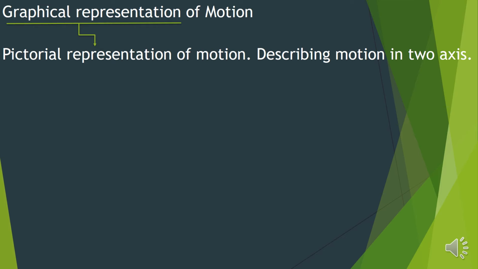For that, we need a minimum of two axes. Taking those two axes, you are all aware of them: x-axis and y-axis. Already in mathematics you have studied this, isn't it? So we are going to describe the motion in terms of the x-axis and y-axis. We are going to represent it in a picture form, pictorial representation.